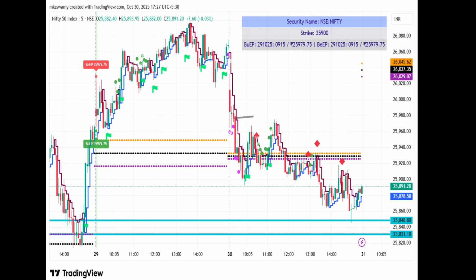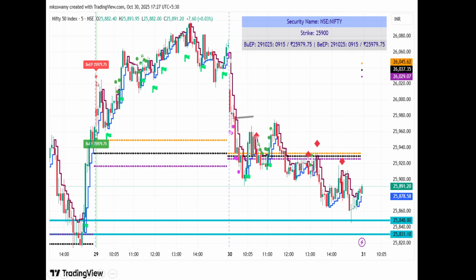It is showing like that. In the market, actually, a bullish EP had been formed yesterday on the underlying. Bullish and bearish EP was formed at 25,000, and when price started breaking down below this, that was a confirmation that market is going to go down.